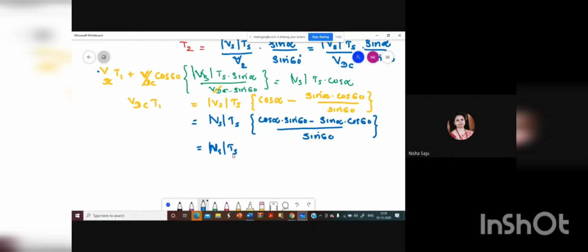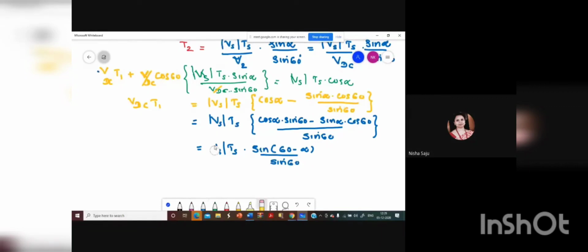This is cos A sine B minus sine A cos B. So we can write this will be equal to sine 60 minus alpha, sine A minus B, 60 minus alpha, that divided by sine 60.